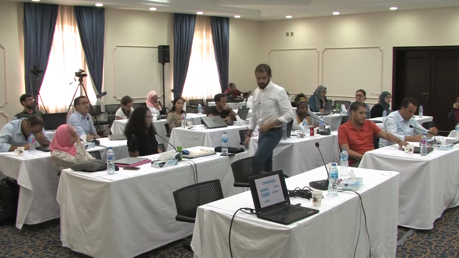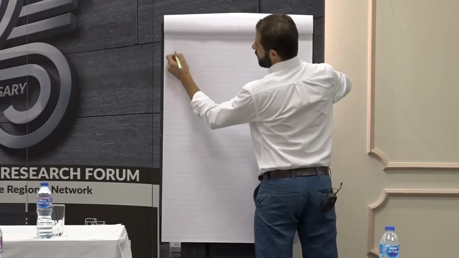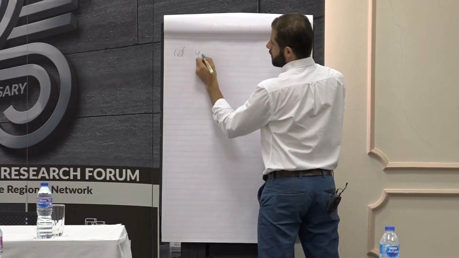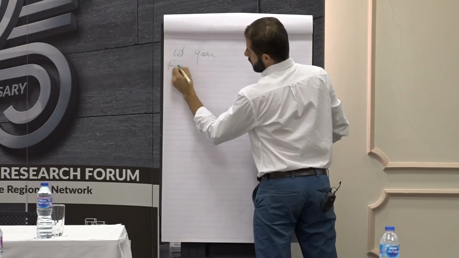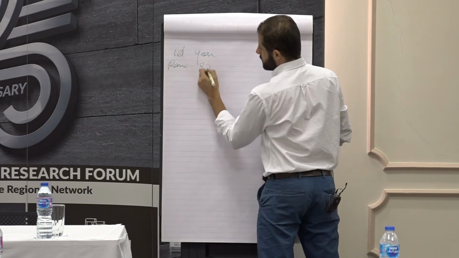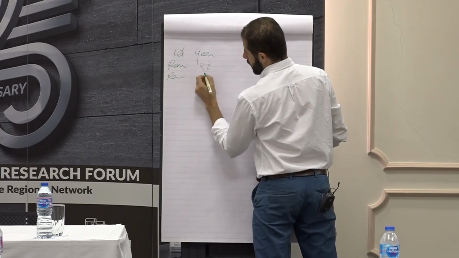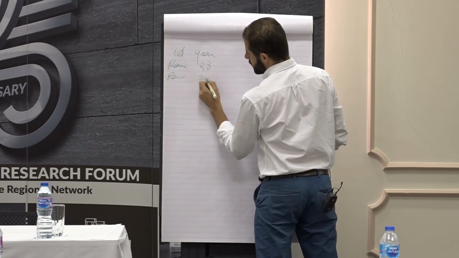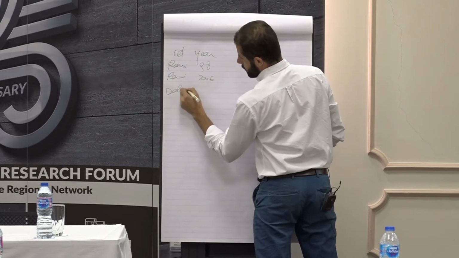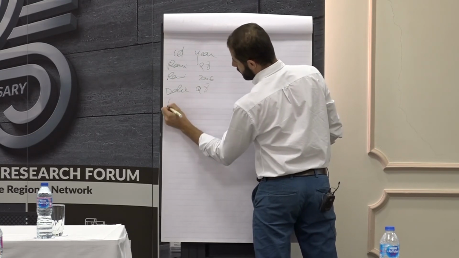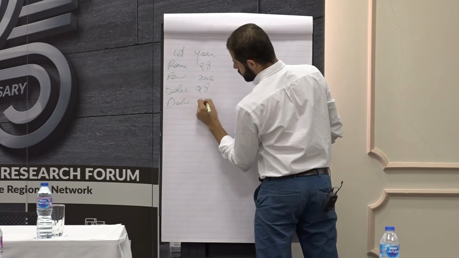Yes. So, for instance, and that's what Rasha was talking about this morning. I have my identification here. So I have Rami in 98, Rami in 2006, Dalia in 98, and Dalia in 2006.